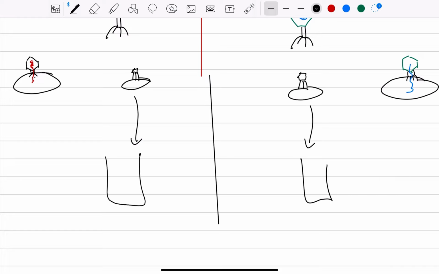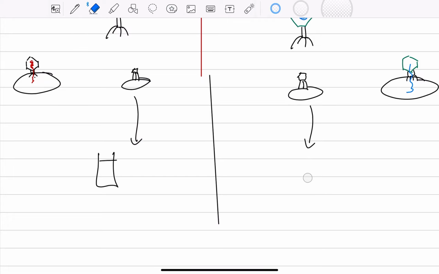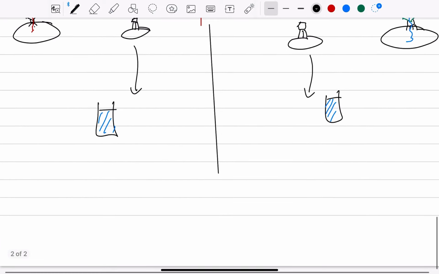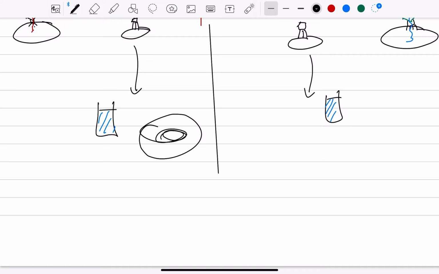Okay, and now these bacteria are put into a test tube. And then we centrifuge them. Centrifugation is like spinning really fast. You probably also saw it before in your school lab. You put little tubes here, and then this spins really fast.